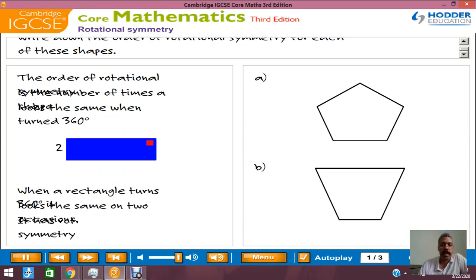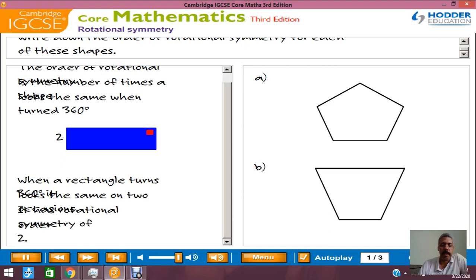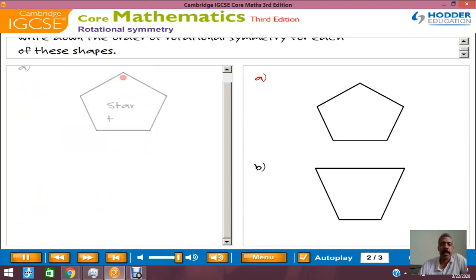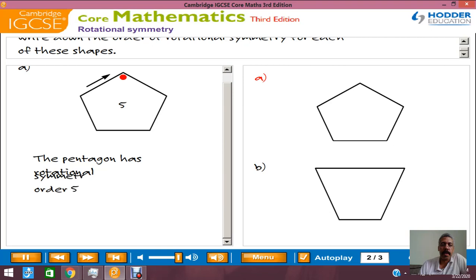This number is the order of rotational symmetry. The pentagon, 5 sides, fits 5 times, including when the tracing paper gets back to the start. The pentagon has rotational symmetry of order 5.